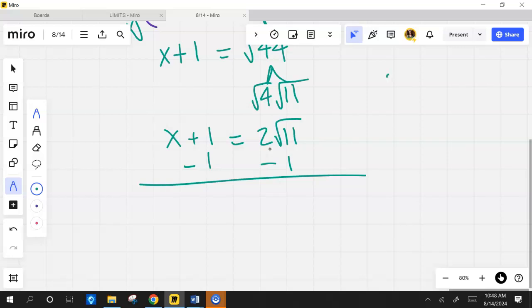So y'all are telling me that 2 square root of 11 minus 1 equals the square root of 11. They're not like terms, so we can't combine them, so we just write them. I always say, if you can't do it, write it.